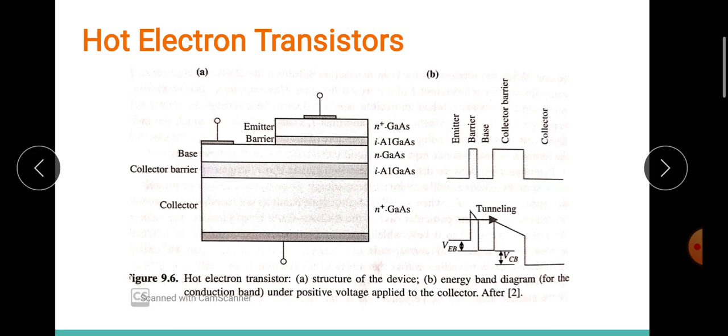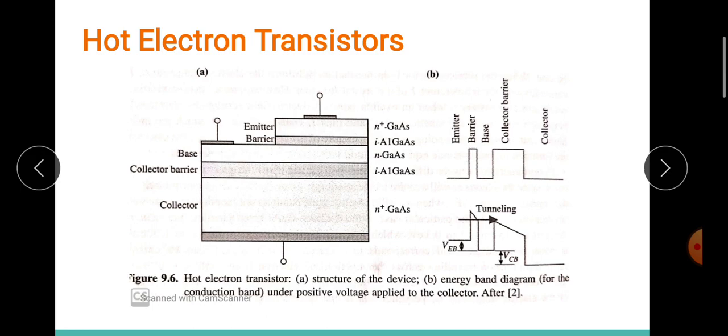So what have I done? I have applied a very small positive potential to my collector region, and because of this positive potential, the hot electrons are injected to the base because they have to just tunnel through a very thin layer of aluminum gallium arsenide, right?